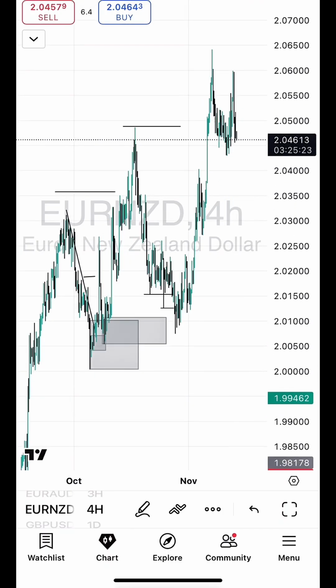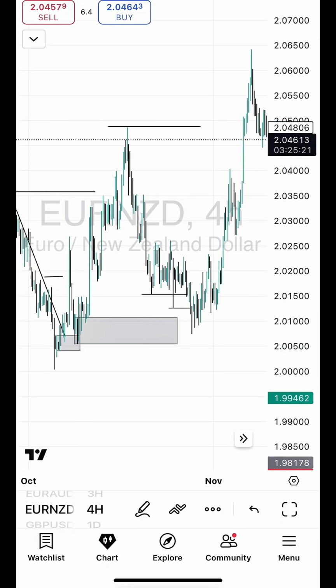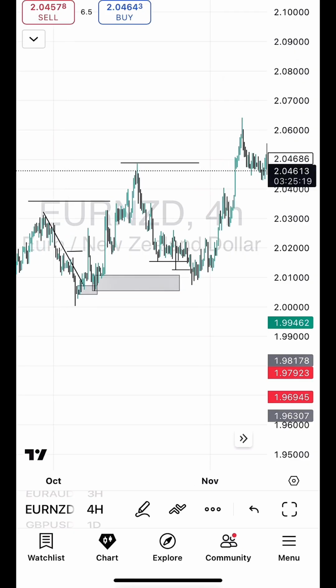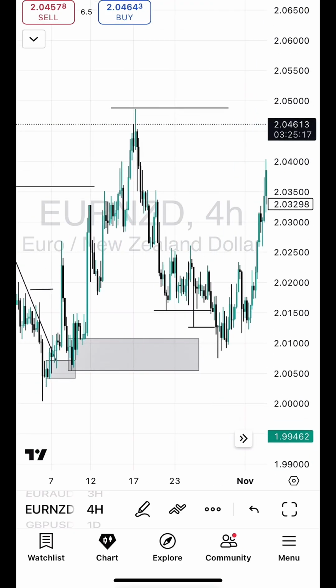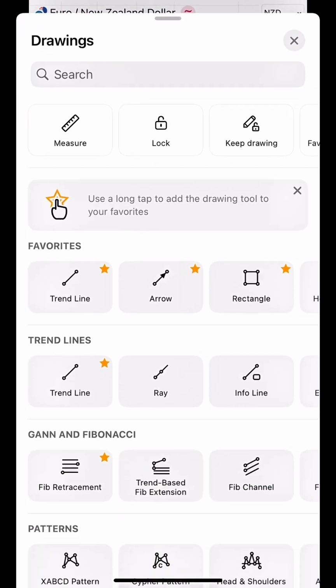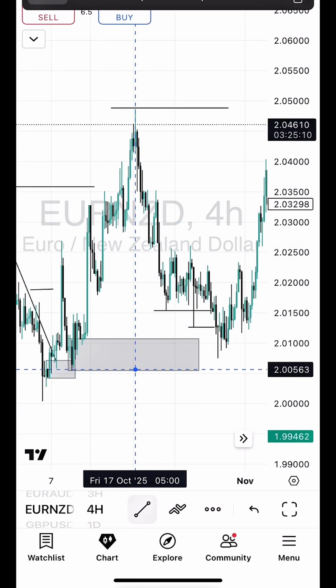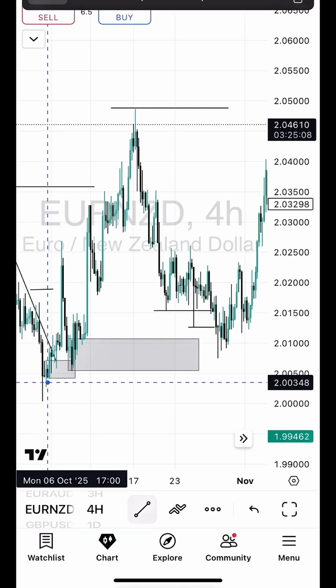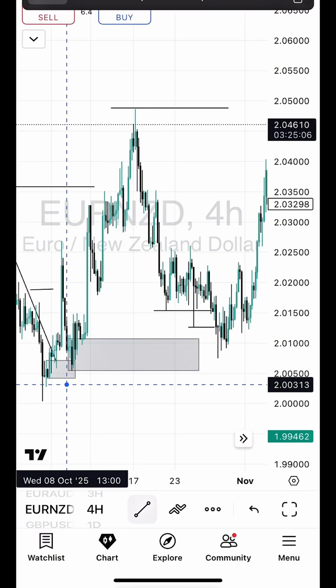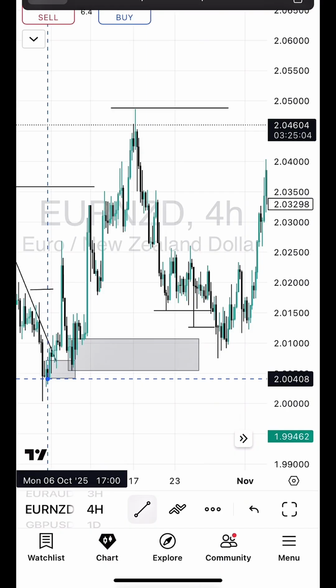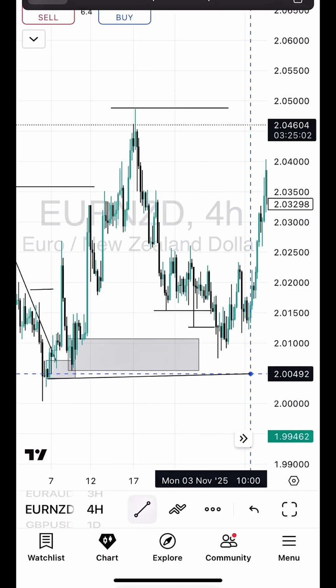So what did I now do? I just went to my order tool and looked for where to get my invalidation level, because I cannot actually hold all of these points to be my stop loss. So I needed to get an invalidation level just below where I entered from, around this area.